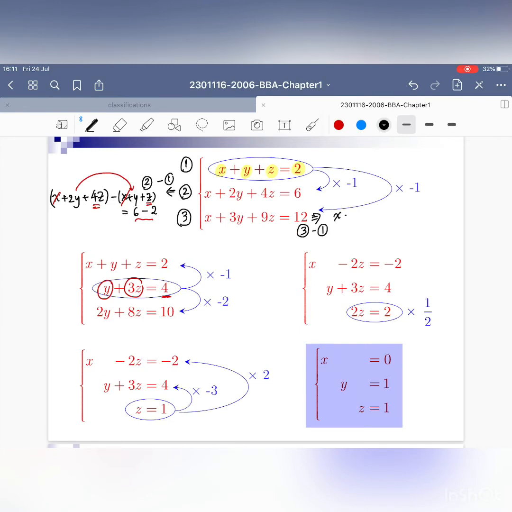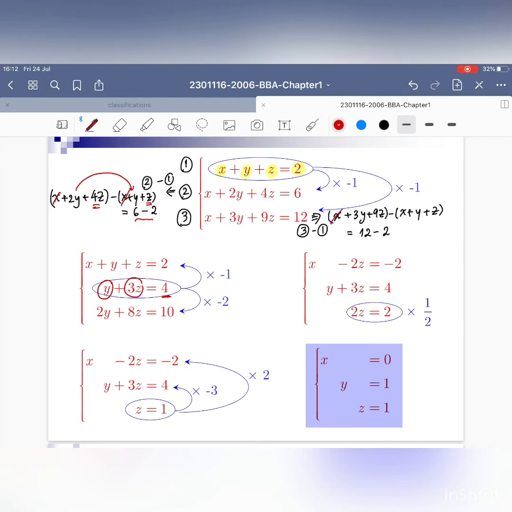So you have the left hand side of your third equation, subtract the left hand side of your first equation, and it equals the right hand side of the third minus the right hand side of the first equation.